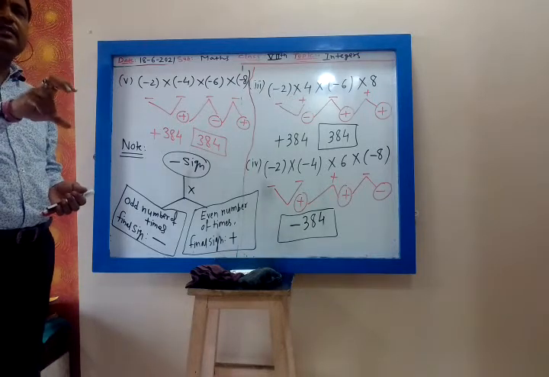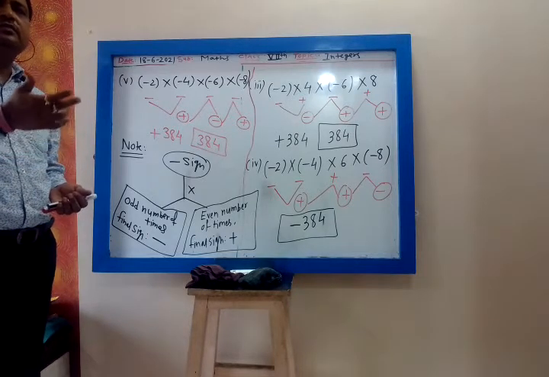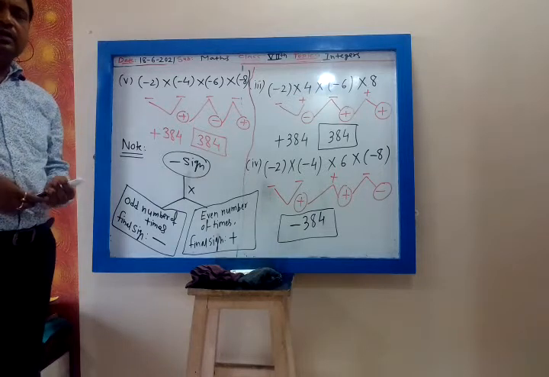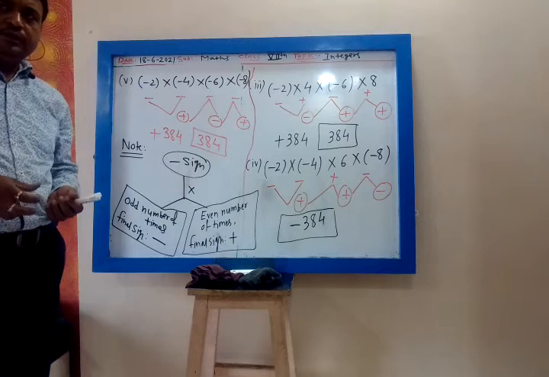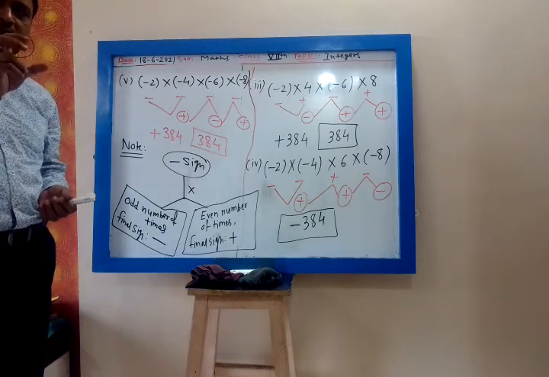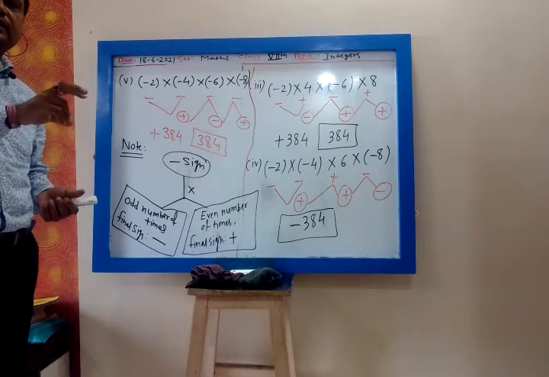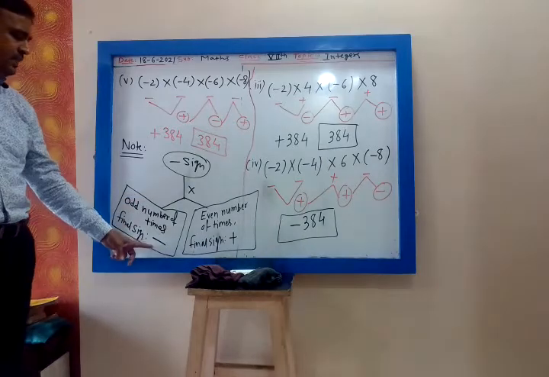And whenever the minus sign is multiplied an odd number of times, odd number means 1, 3, 5, 7, 9, 11, those numbers which do not come in the table of 2. So you have to see how many times the minus sign is there. If the minus sign is multiplied an odd number of times, the final sign will be minus.